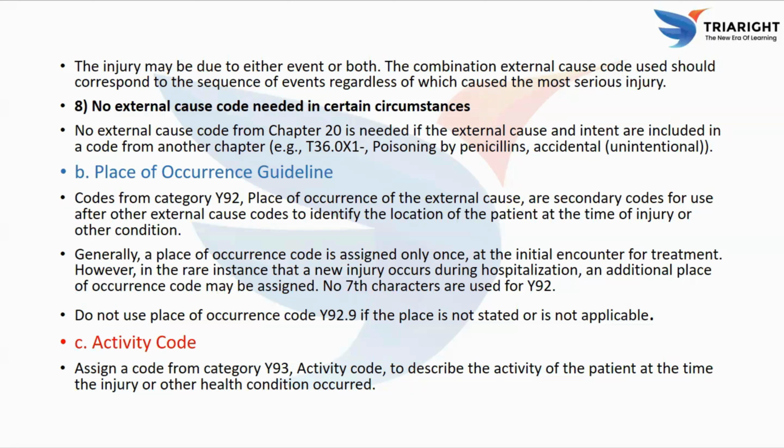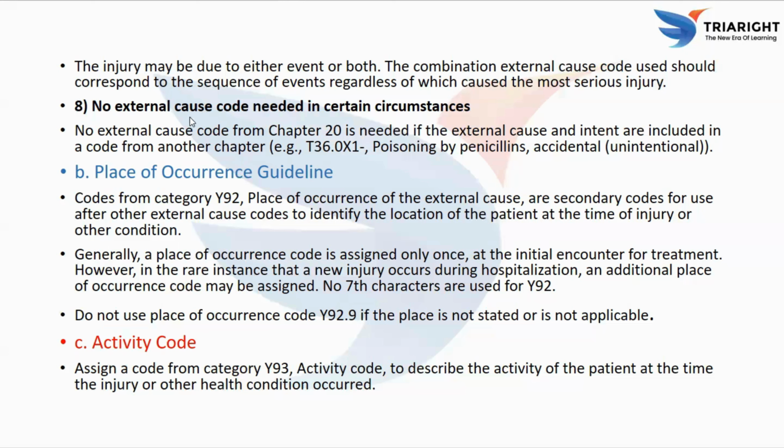Here is an example. Patient slips, falls and then hits a table, causing a head injury. So use the combination code that includes fall resulting in striking against an object. So do not code fall and striking separately if a combination code exists. This is about the 7th guideline.